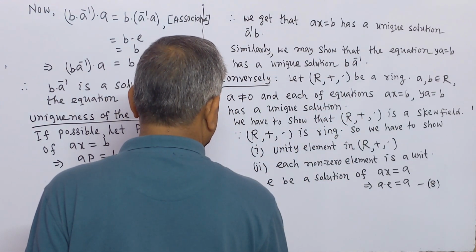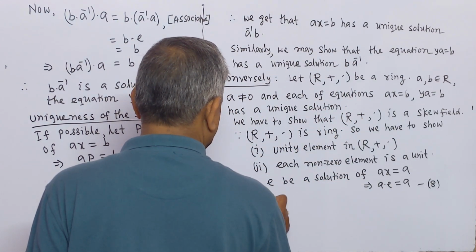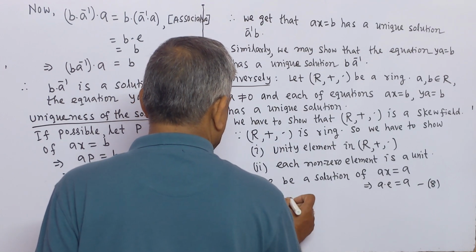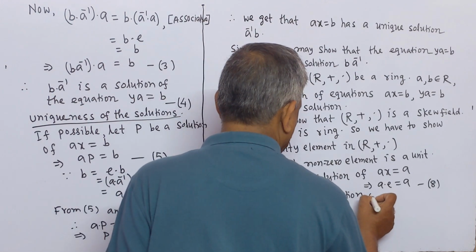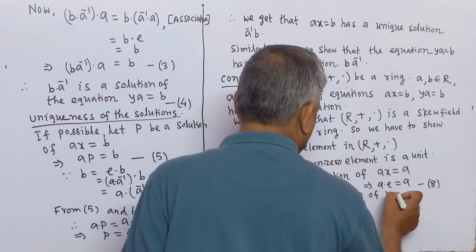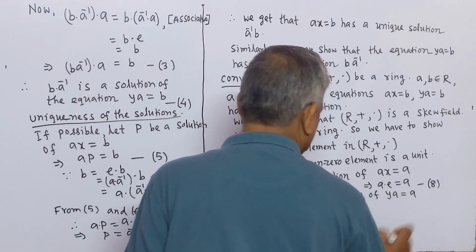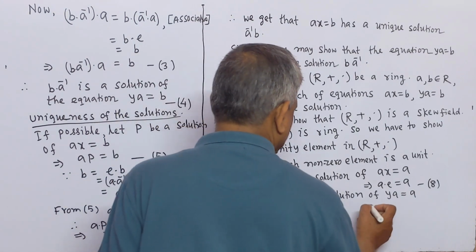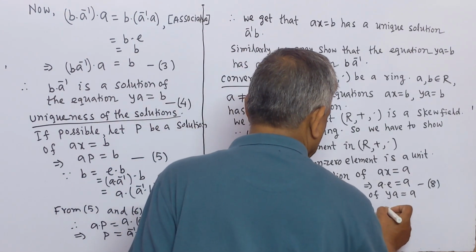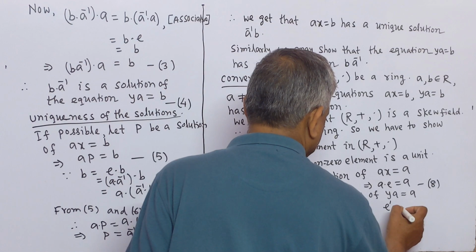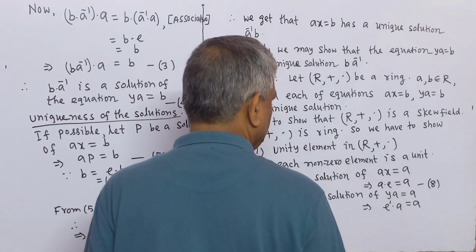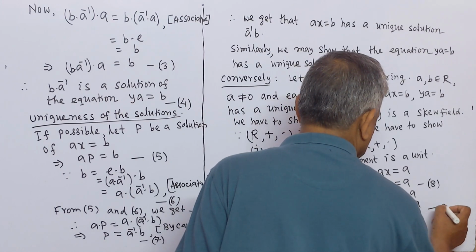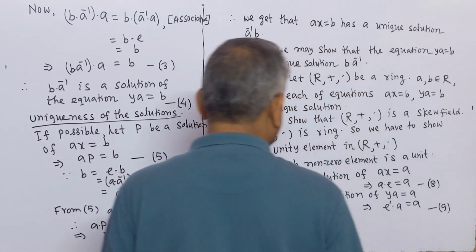Again, let E prime be a solution of ya equal to a, implies that e prime multiply a equal to a. This is number 9.